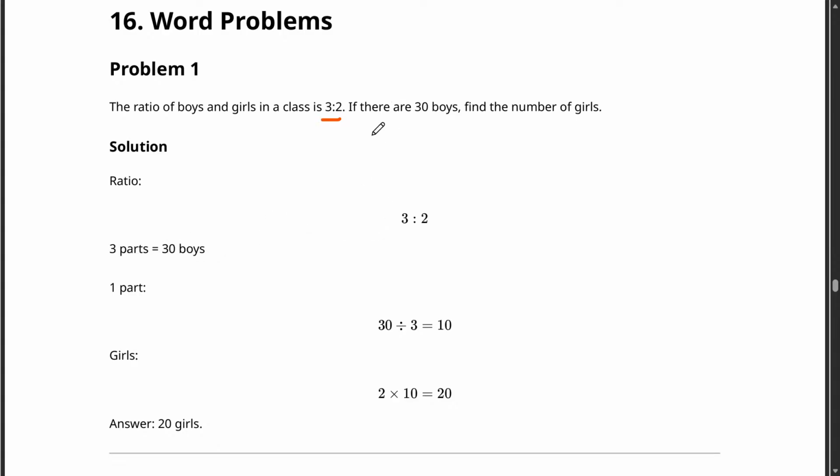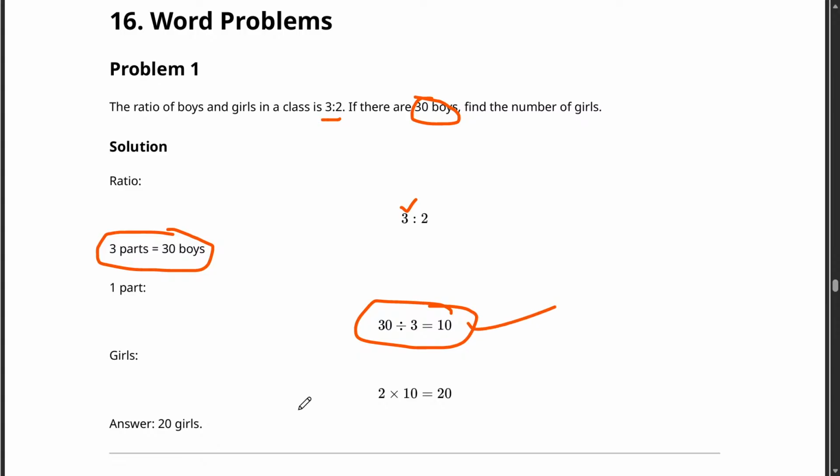We can see three parts equals 30 boys. So one part will be 30 divided by 3, that is 10.